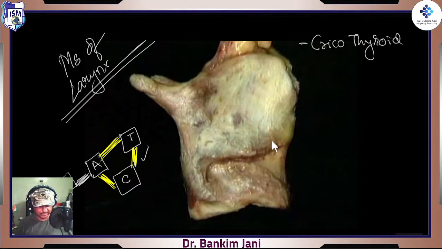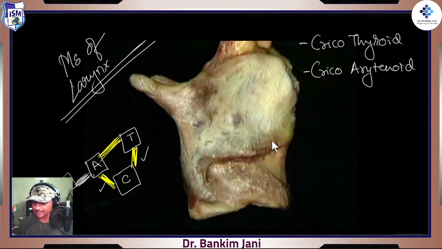Then between cricoid and arytenoid, we'll call it cricoarytenoid. See, the names are very easy, very logical. Then between thyroid and arytenoid, we call this thyroarytenoid. No confusion.